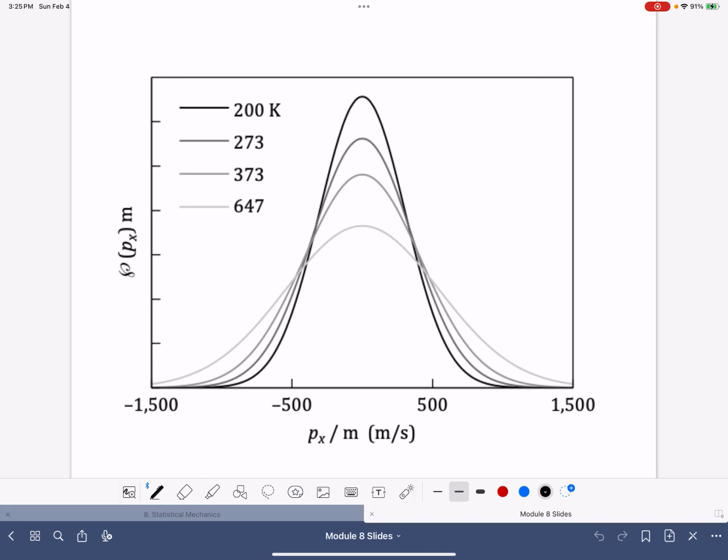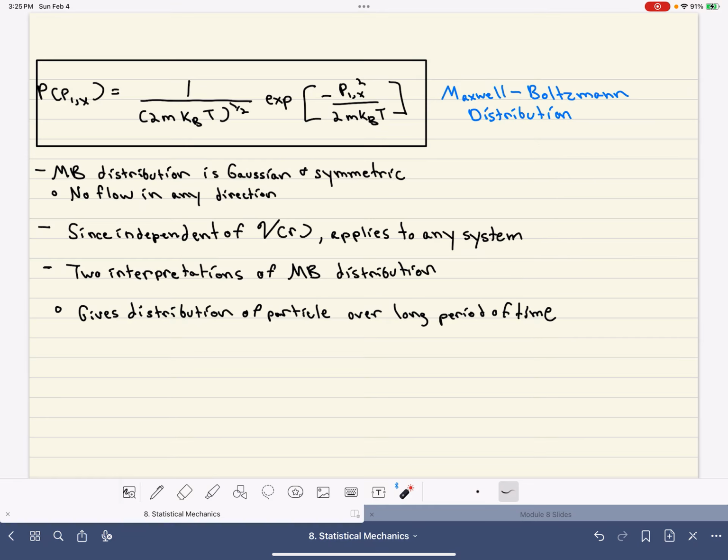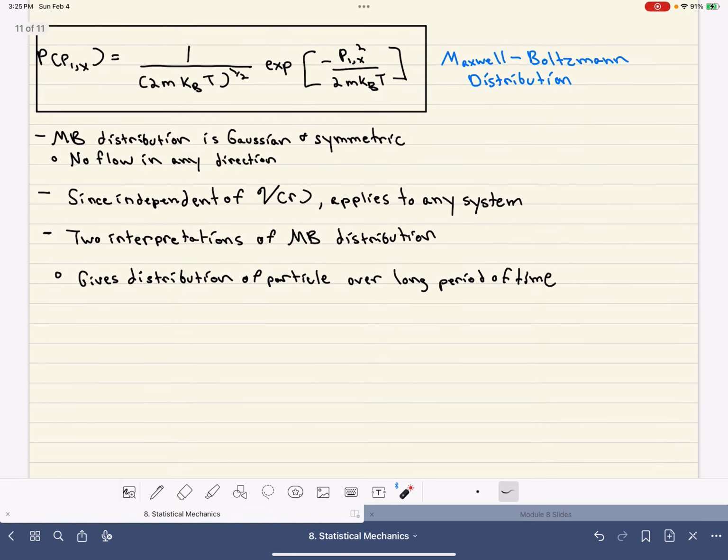Here you say, if I track a single particle over some period of time, its momentum could be here, or here, or here, and the probability that I would find the particle with a particular momentum would just follow this distribution. That's one way to interpret the Maxwell-Boltzmann distribution.